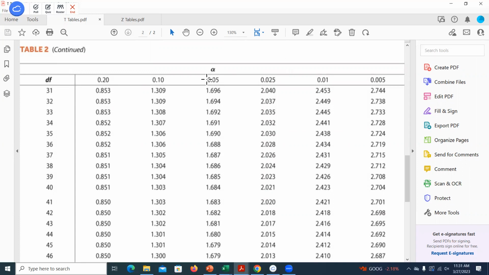So with confidence intervals, we had some examples using the student t where we knew the area in the tail that we wanted. And then we went down to our degrees of freedom to find what t-value corresponds to that. With hypothesis testing, we're going to know the t-value, and then we have to go up to the column heading to find out, well, what's the area in the tail associated with that t-value. So we're kind of working in opposite directions, confidence intervals as opposed to hypothesis testing.